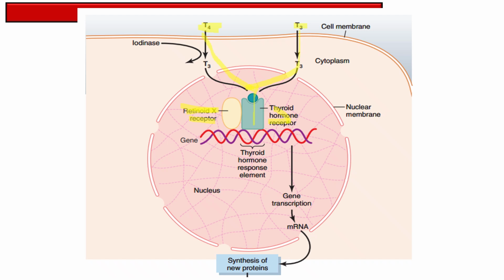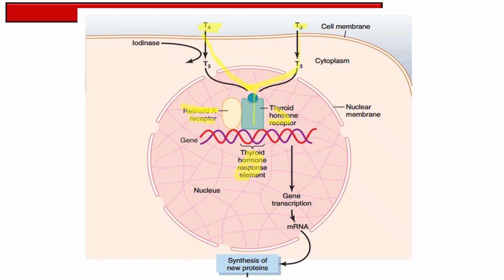This hormone receptor complex binds to the thyroid hormone response element present on the DNA, and binding of T3 to the receptor initiates gene transcription.